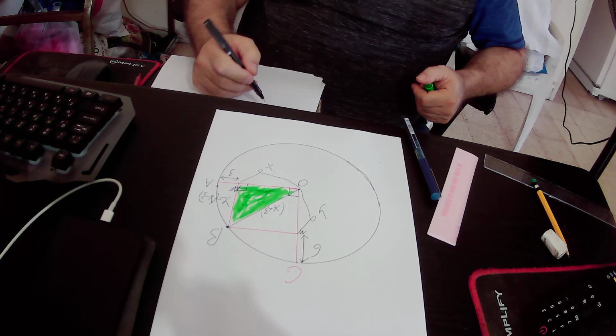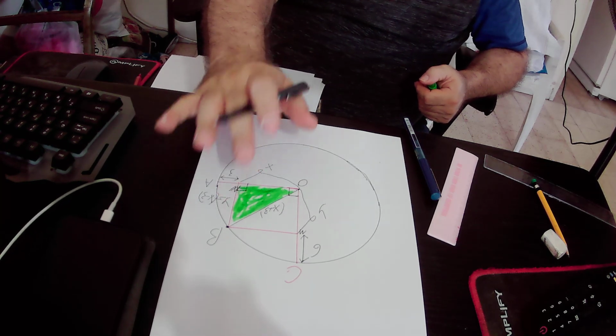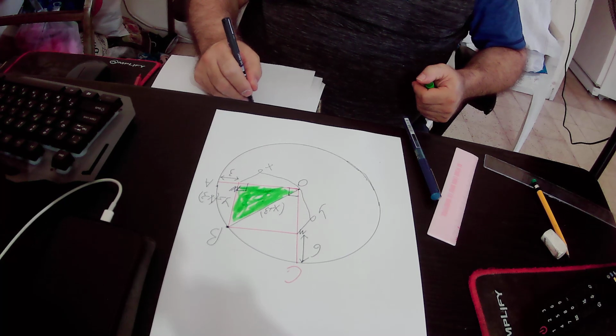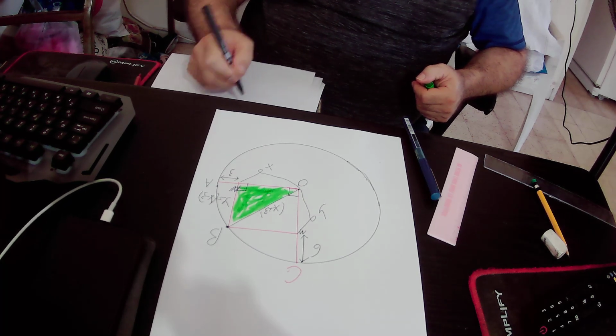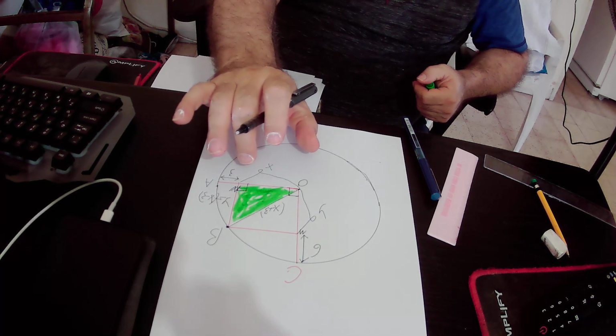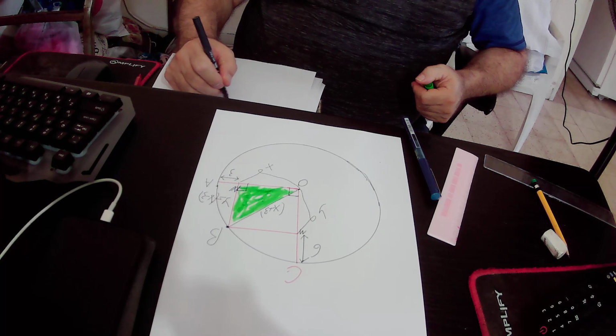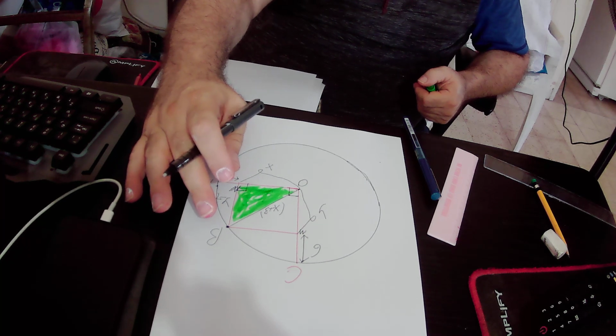Our second equation is the square of the hypotenuse, that is OB squared, equals the sum of the squares of the perpendiculars, equals ON squared plus BN squared.